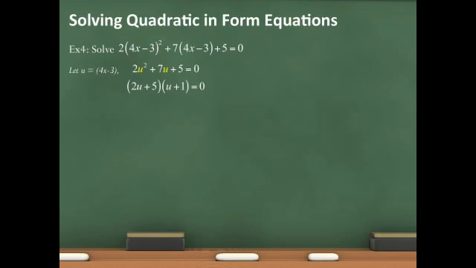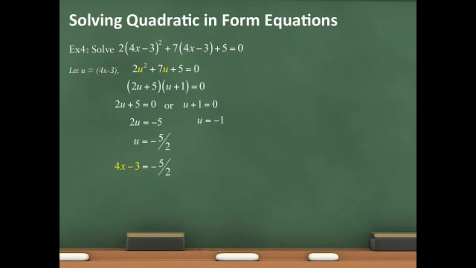Next, we factor to obtain the binomial 2u plus 5 times the binomial u plus 1 equals 0. We next set each binomial equal to 0 and solve for u. Solving the first binomial for u gives us negative 5 over 2. Solving the second binomial for u gives us negative 1.